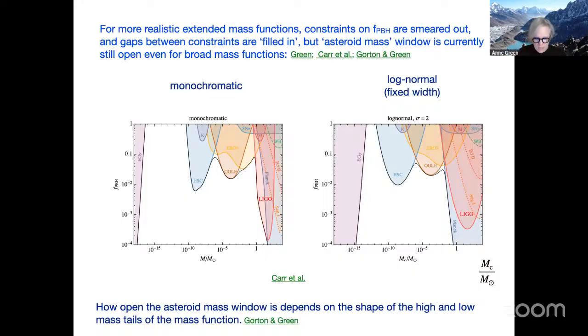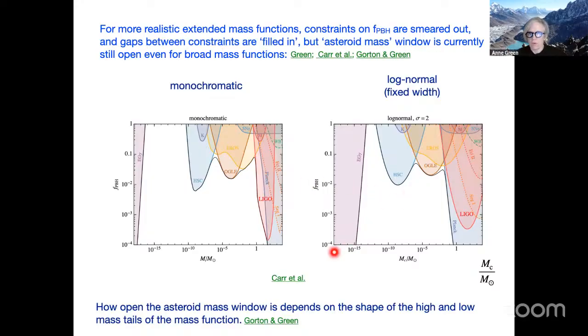So these plots are from a paper from Carr et al. This is a little bit old, so the constraints are not the up-to-date version I showed you on the previous slide, but the plots make the point nicely. So here on the left is what we have for a delta function mass function, if all of the primordial black holes have a single mass.